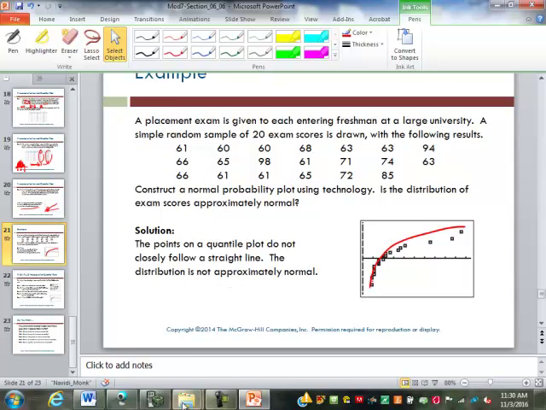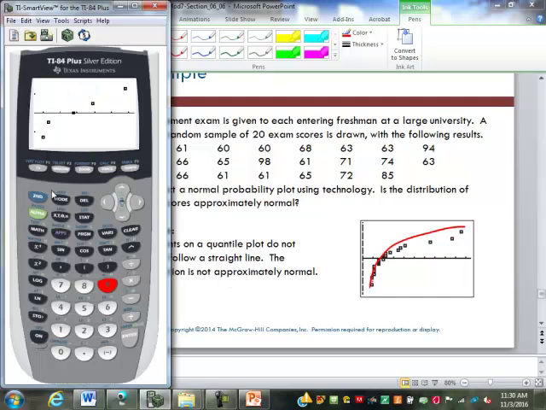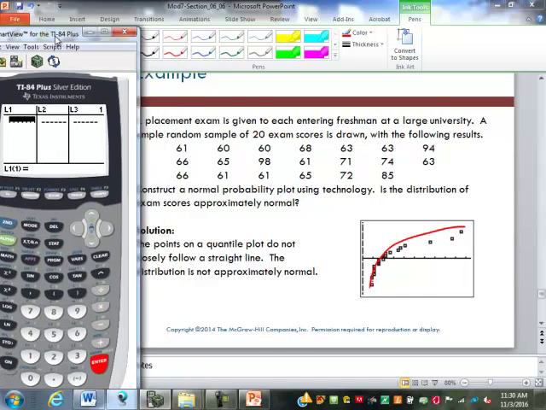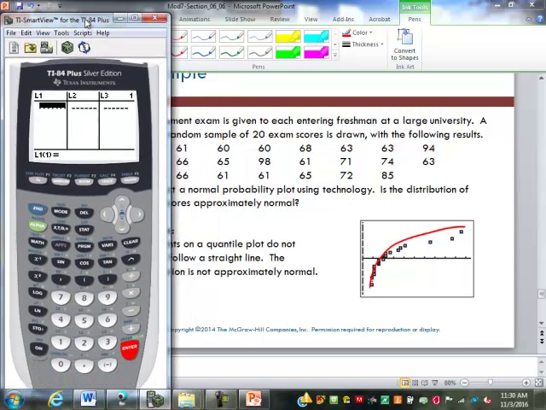Now for this one, they did this big data set. Let's go ahead and try that one. Why not? So I'm going to go to second, stat, edit. So list 1, I'm going to clear it out. I'm going to enter, make sure I got all these in here. Yep.